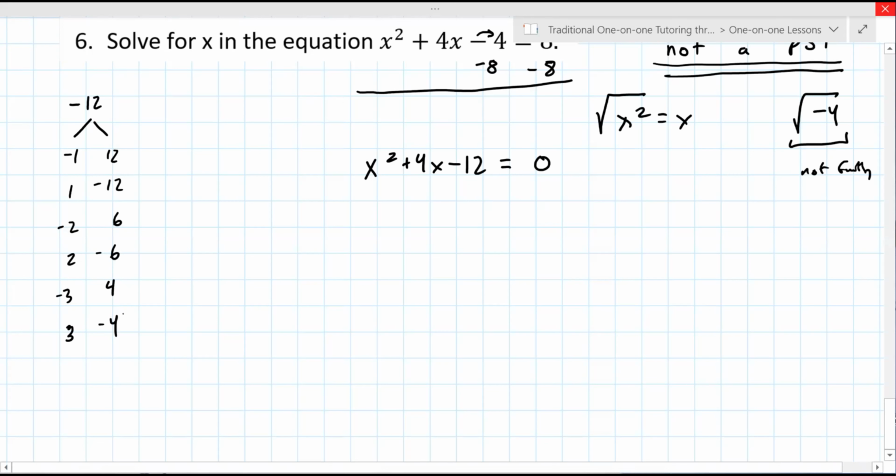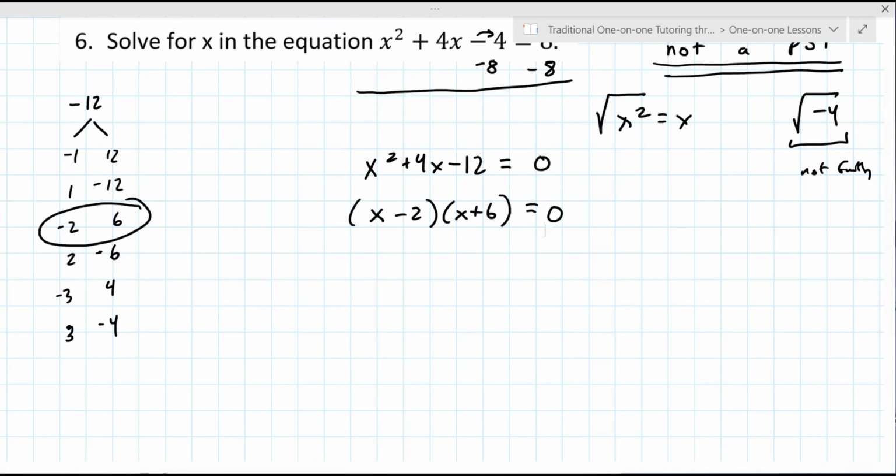Do any of these add up to positive 4? See how those add up to positive 4? Oh, yes. So this becomes x minus 2, x plus 6 equals 0.